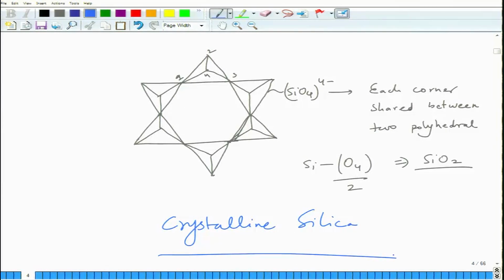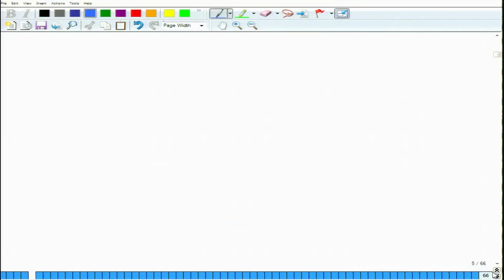So this is the crystalline form, which has this hexagonal array of polyhedra. Now, another thing that you can have is amorphous silica. Amorphous silica will be present in such a fashion that you have these polyhedra present more or less in a random fashion.